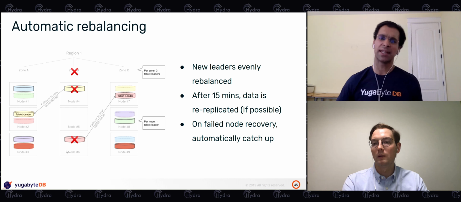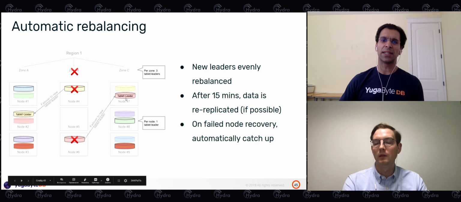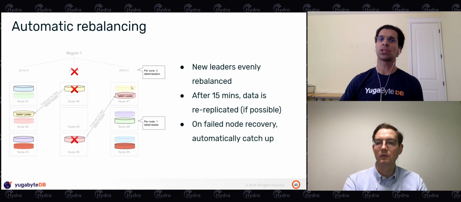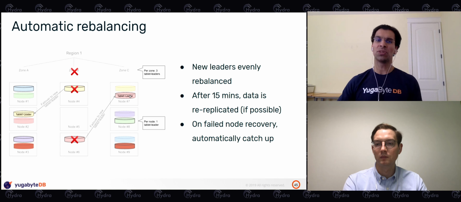Yes and no, it depends. If you lose an entire region and you lose a node simultaneously, within the same 3 seconds, let's say we lost node 7 in addition to the entire region, then this pink guy will not have enough replicas to elect a new leader.